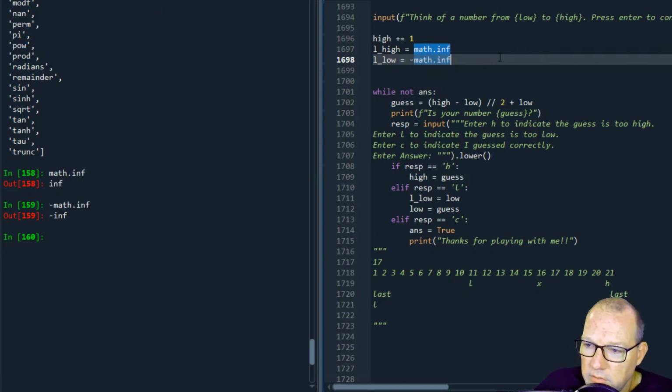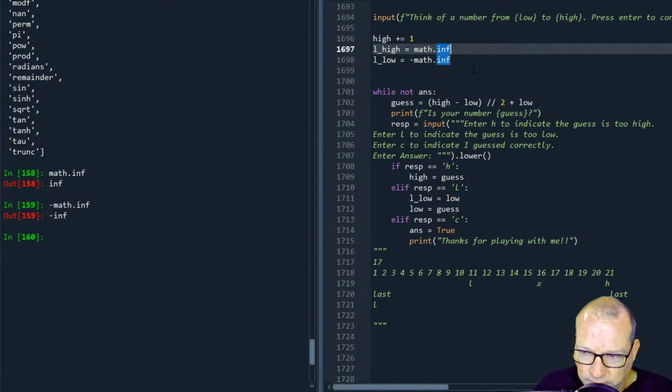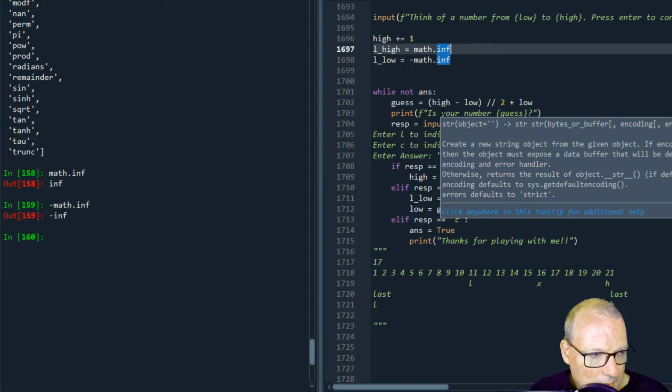But when you use infinity and negative infinity, you don't have any issues like that because it is set to extreme endpoints. So anything smaller than infinity, which is any number, those will now become the two endpoints.